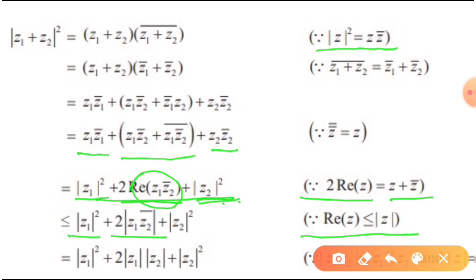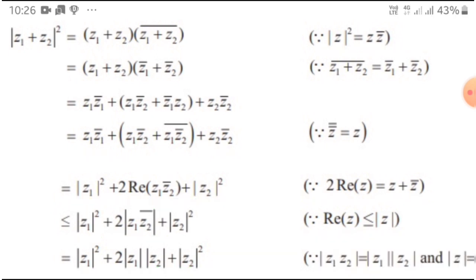The |Z1|² and |Z2|² remain the same. Okay, this step is equal to |Z1|² plus 2 into |Z1| into |Z2| plus |Z2|².